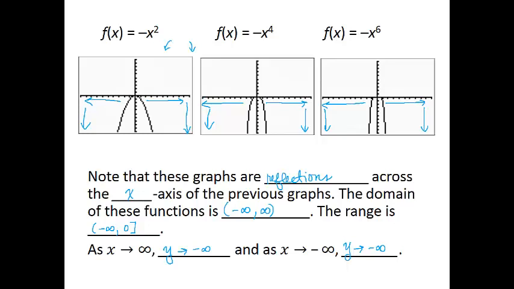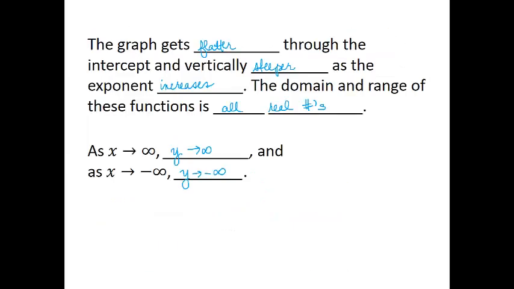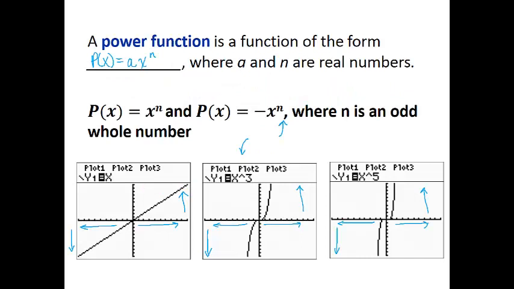So let's just review those cases here. So when we have an odd degree basic polynomial function, it goes down to the left and up to the right.